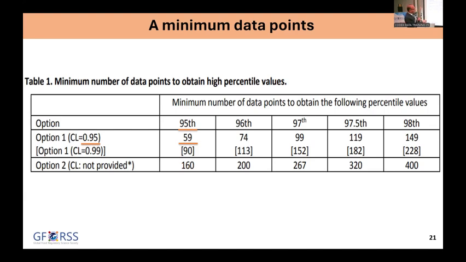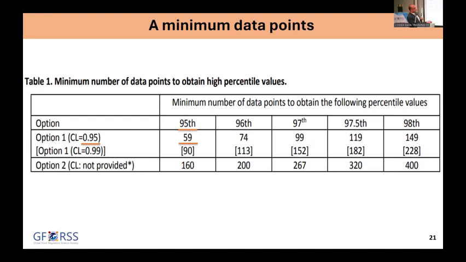If I increase my confidence level from 95% to 99%, so it's really close to 100%, obviously the number of data points will be 90, so almost double. So I need to double my number of samples if I want to go up to 99% confidence level.